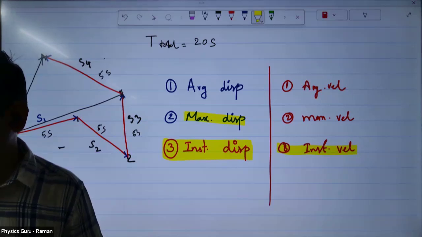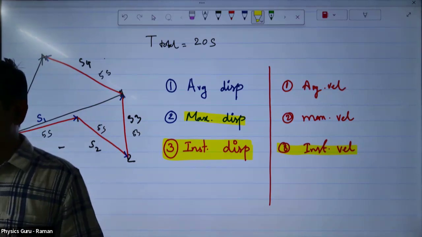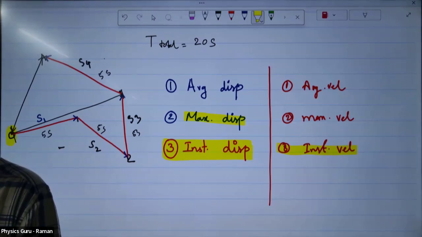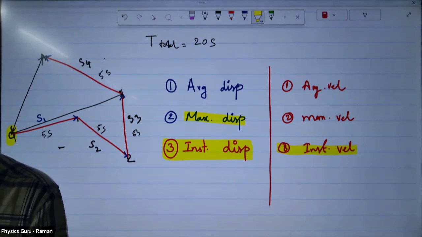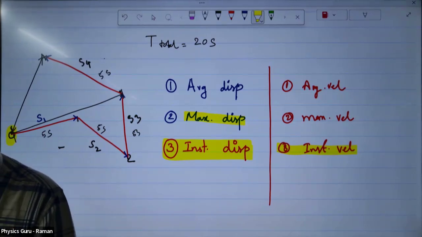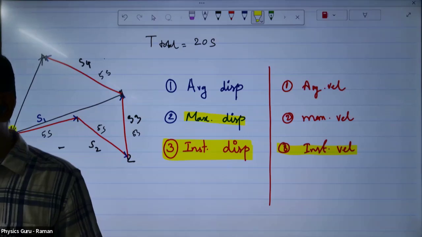Correct. So if S2 is the maximum, at 10 seconds the instantaneous displacement is equal to the maximum displacement. Yes, sir. Understood, sir.